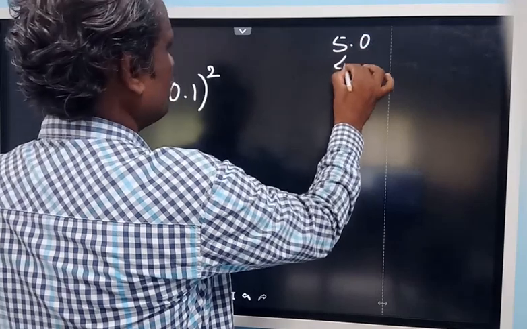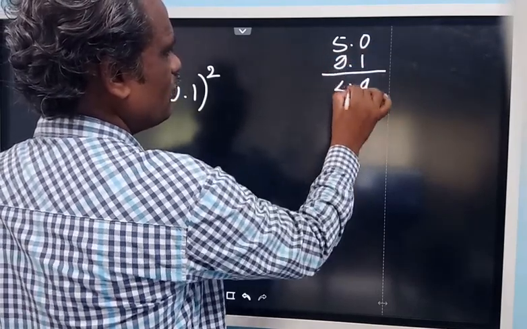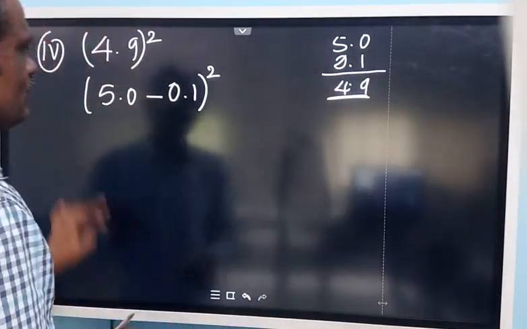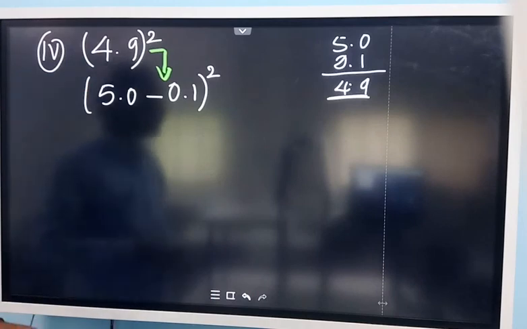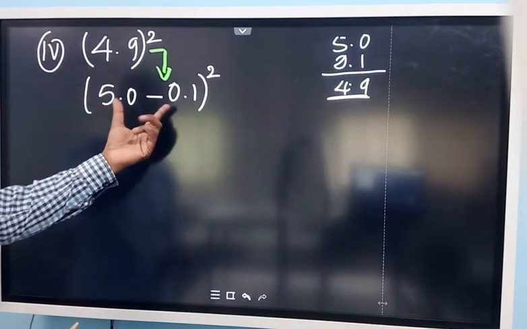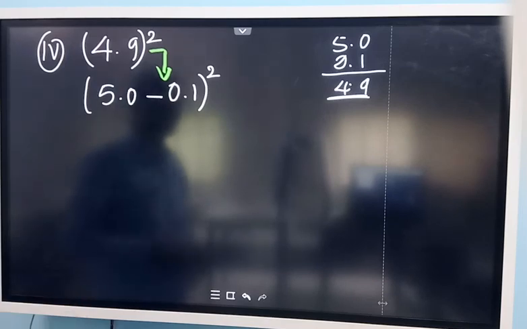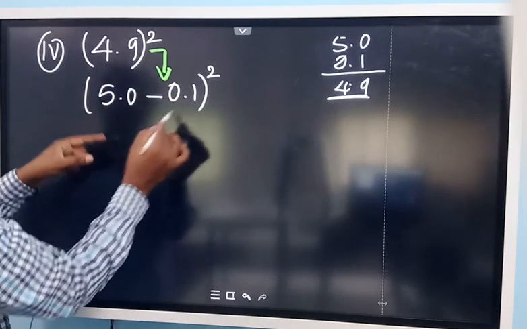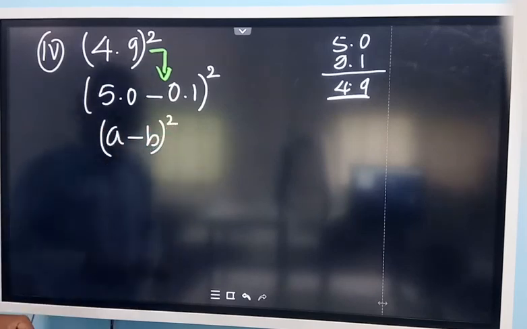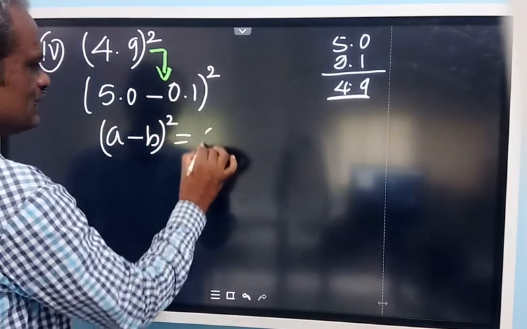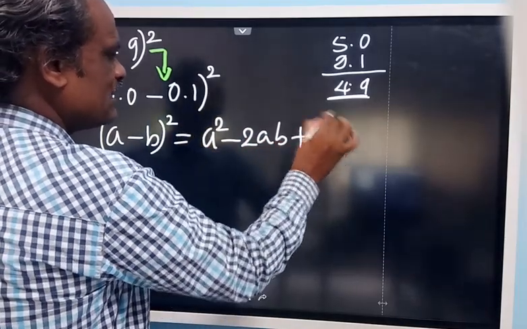So we have just written 4.9 like this. There is no difference between these two. 4.9 we can write as 5 minus 0.1, and this is similar to the formula (a minus b) whole square. You write this as a square minus 2ab plus b square.